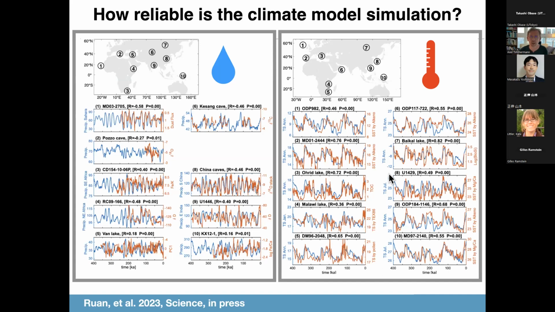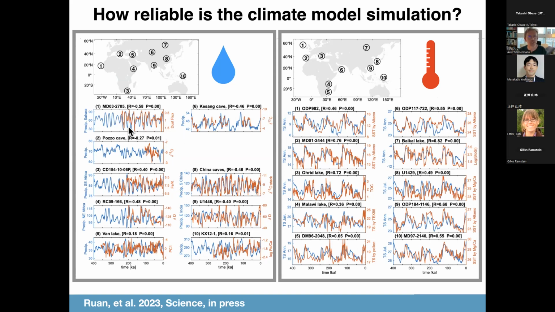This is just a glimpse of some of the paleo proxy comparisons that we can do. We'll see more later. This is for precipitation variables. This is for temperature sensitive proxies. And what we're seeing here is just a snapshot over the last 400,000 years. Overall, you can just glance at it. I won't go through all the details on this slide.